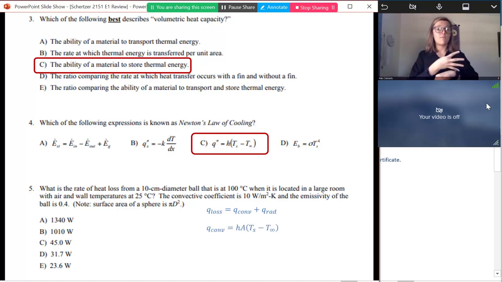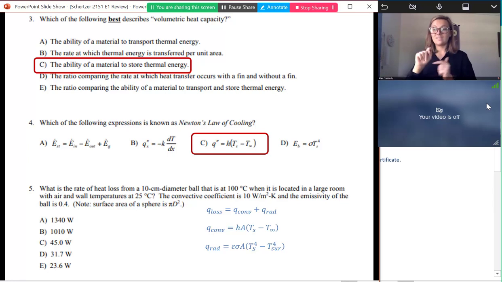I can calculate the heat loss from convection as h times A times delta T, where my delta T is the surface temperature minus the temperature of the fluid, in this case air, far away from my ball. And I can calculate heat lost from radiation using the emissivity, Stefan-Boltzmann's constant, area, and T surface to the power of 4, or T of the ball surface to the power of 4, minus T of the surrounding surface to the power of 4.